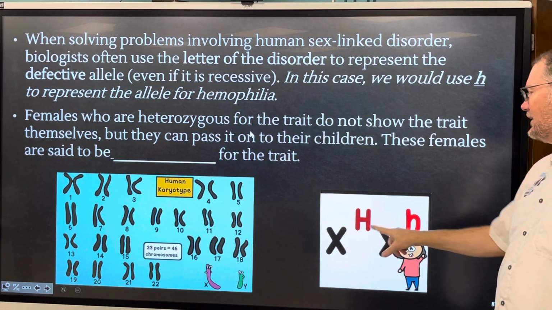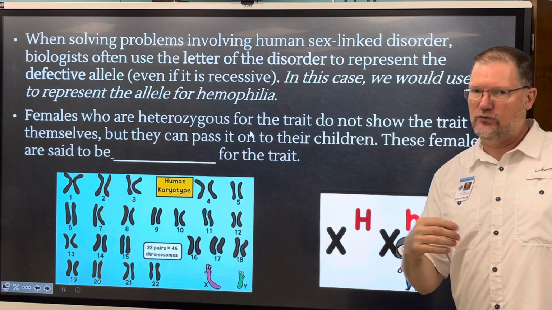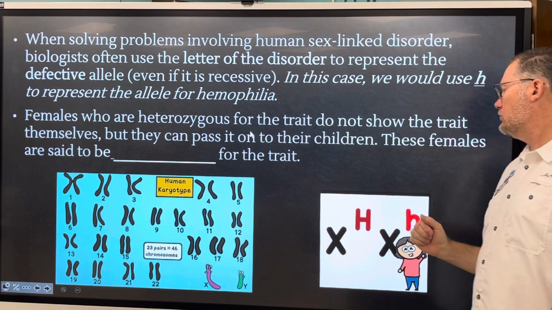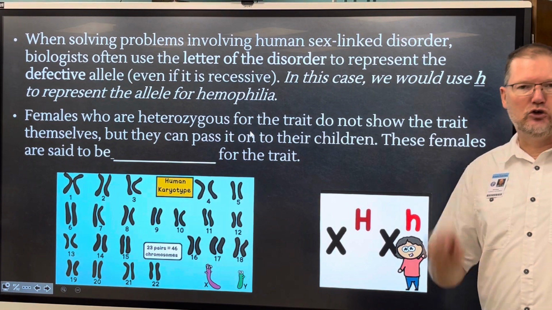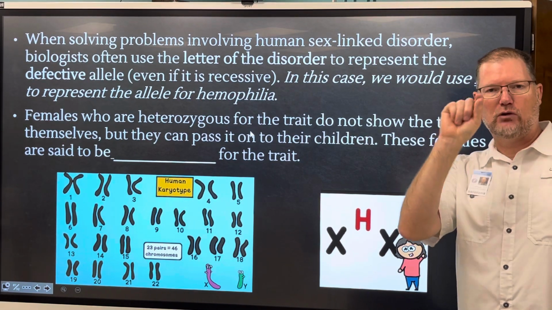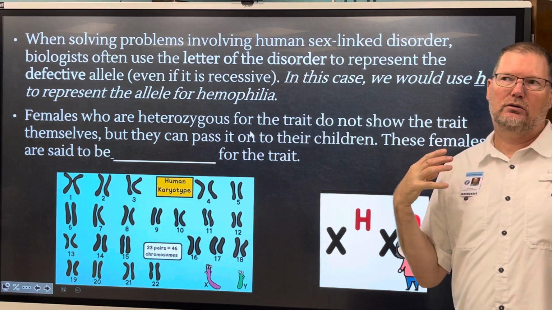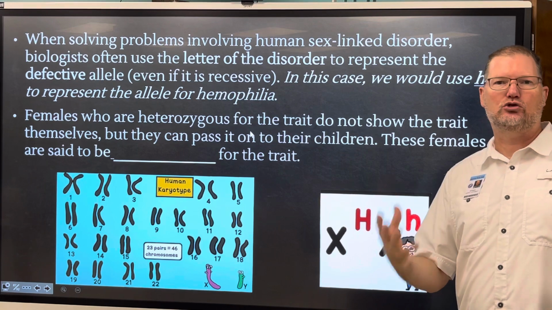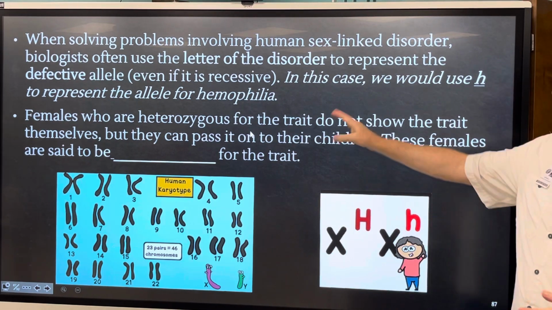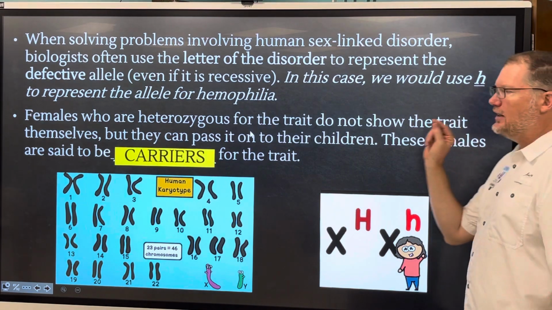So just like the red eyes in the Drosophila, the fruit fly, we're going to use a superscript, writing above the line, to represent what allele we're talking about, what traits we're talking about. Okay, so females who are heterozygous are carriers.